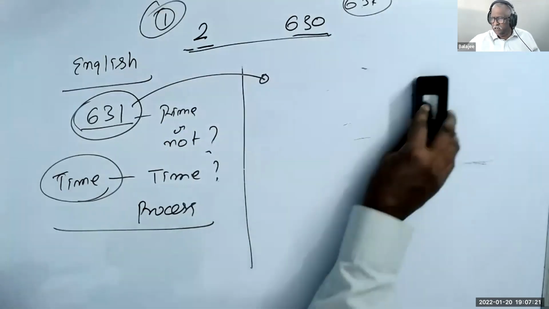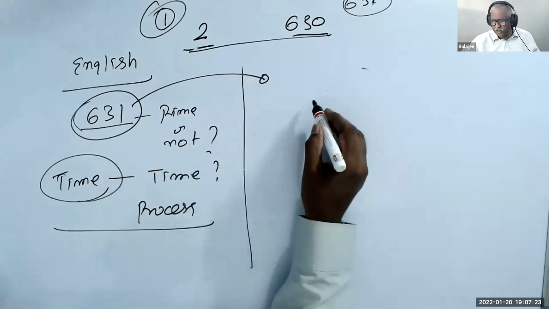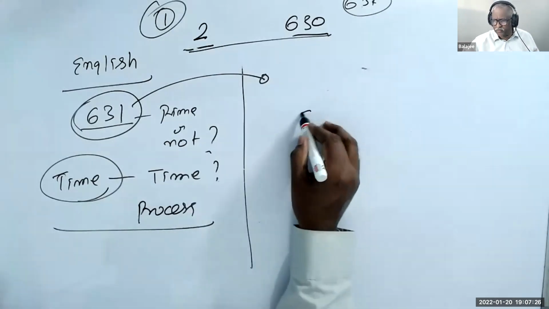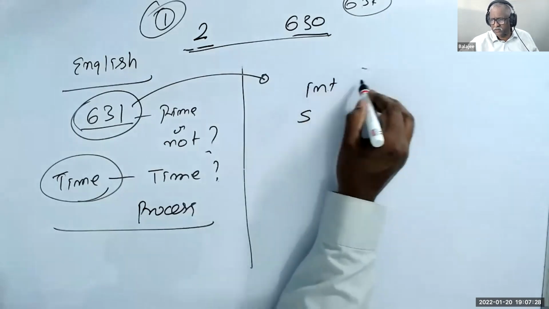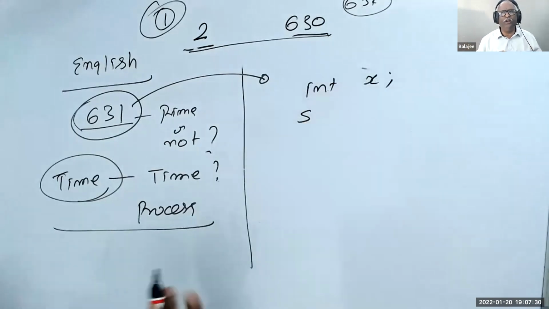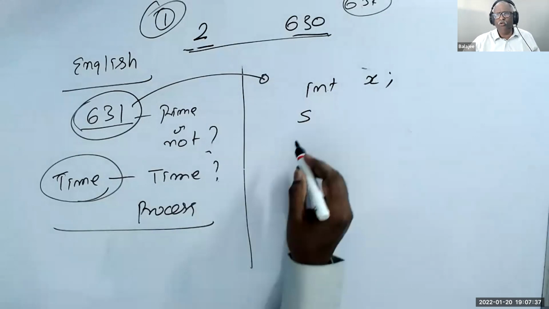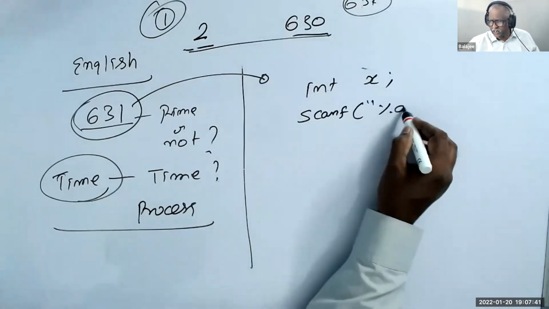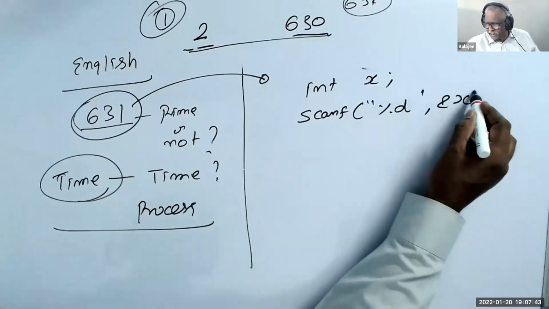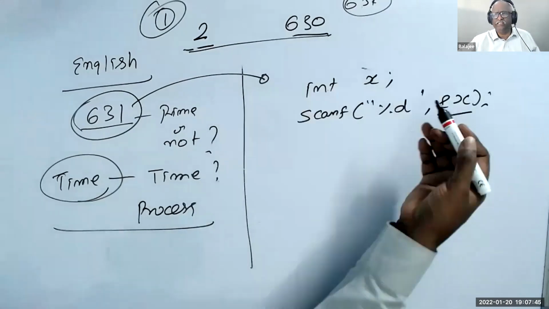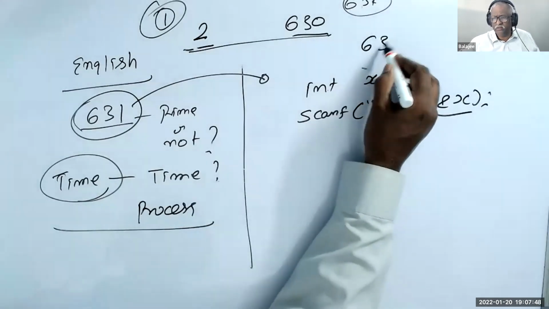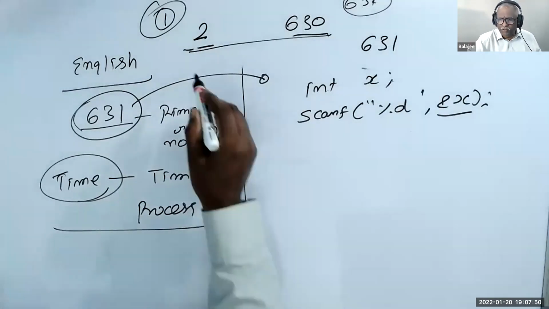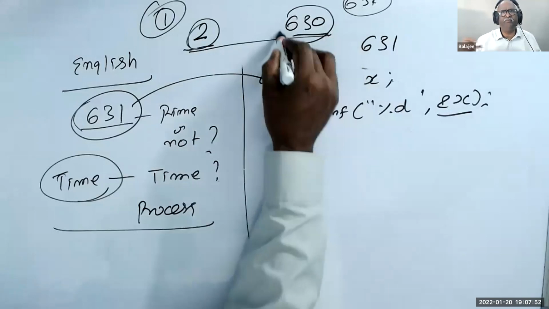So for example, if I get a number from a user, I declare int x. I'm getting a number from the user. Then I do scanf("%d", &x). I get the x now. Let us say the user enters 631. We have decided we will check from 2 to 630.